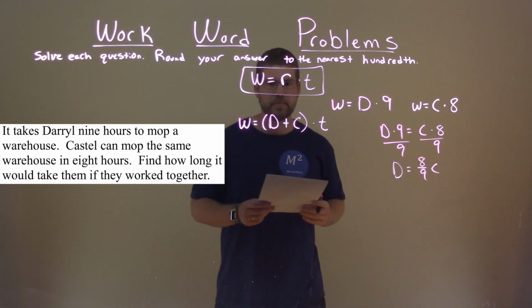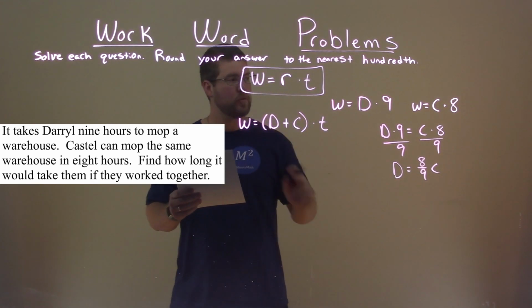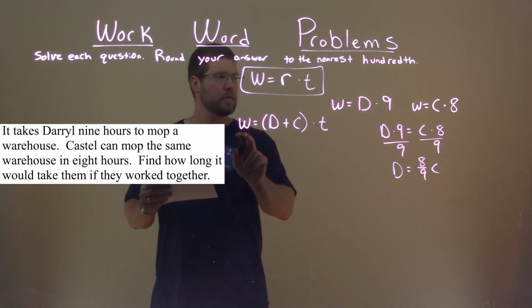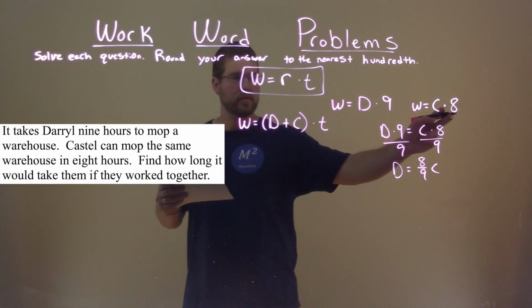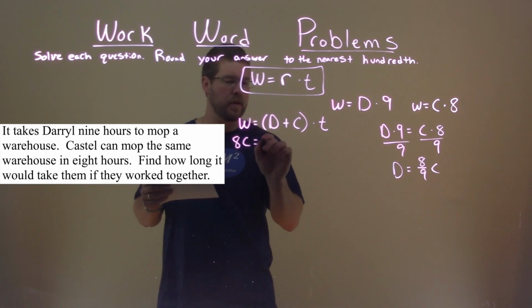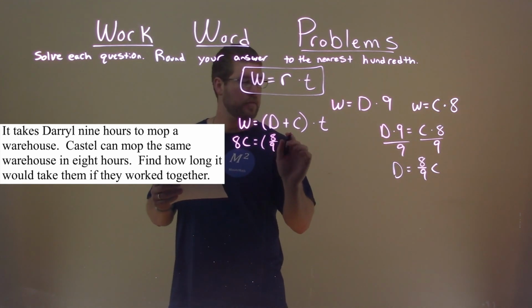So now we're going to use that and plug it into this equation, as well as this part with Castle. So the work done is equal to Castle's rate times time, and we'll reorder that to 8C. Daryl's work rate is equal to 8/9 of Castle's.